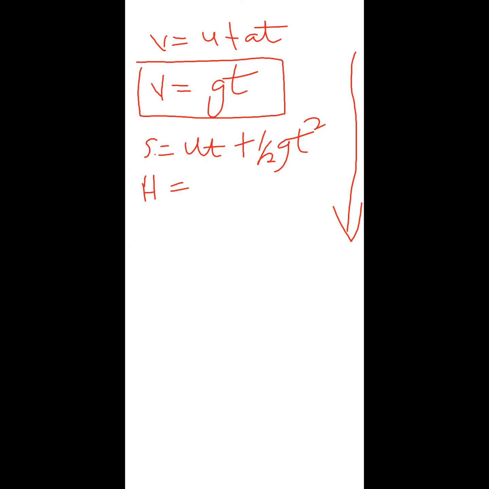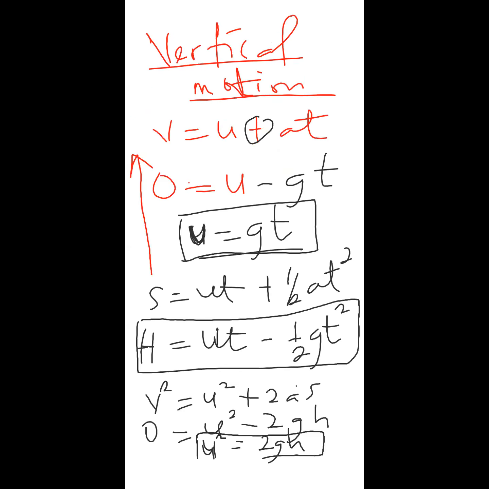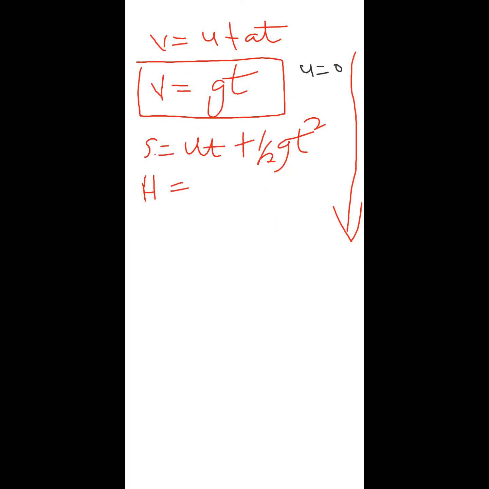Maybe I need to write that somewhere here with another color, that U is equal to 0. For the previous one, V is equal to 0 when the stone reaches maximum height. When you are throwing it up, your final velocity is 0. But when you are dropping it, your initial velocity is 0.